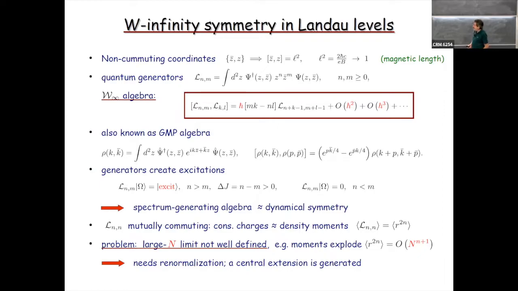So this algebra should be supplemented with the central extension that comes from the thermodynamic limit, or relativistic limit, put it as you like. And so this setting is not by itself really useful, because you have to get around these diverging expectation values.